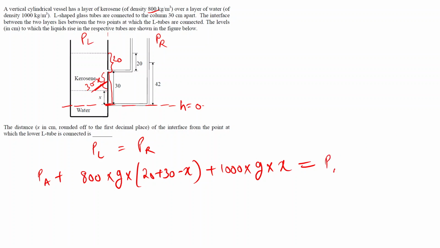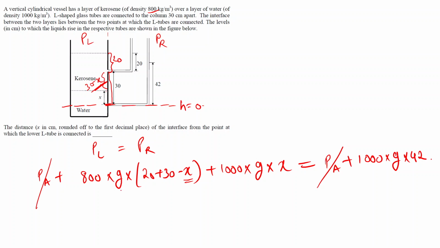So it will be atmospheric pressure plus density of water into g into 42 centimeter. We are keeping all these units in centimeter only, because ultimately this PA will get cancelled out and there is no point of converting this into meter, since that 100 will anyway get cancelled out. So we can simplify this and now find the value of x.